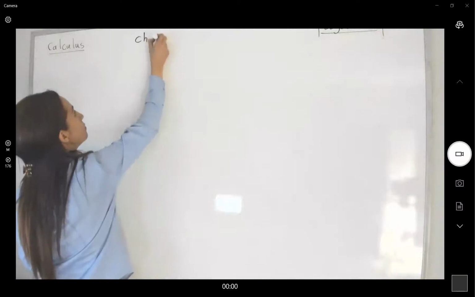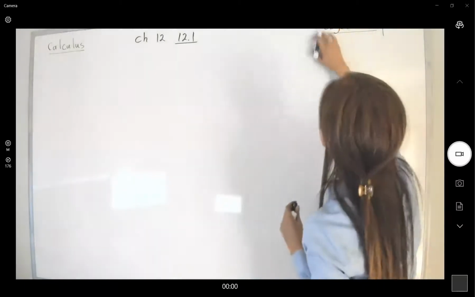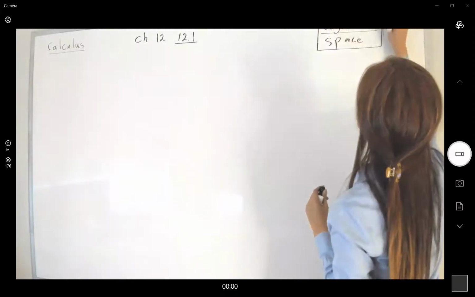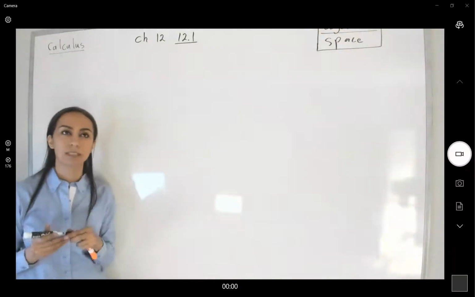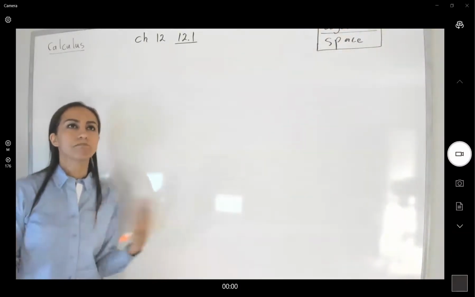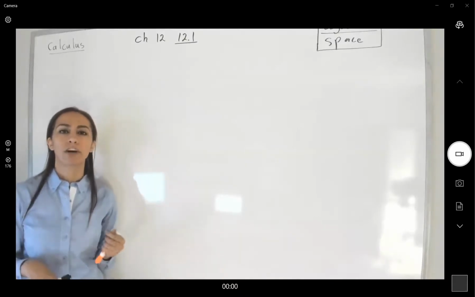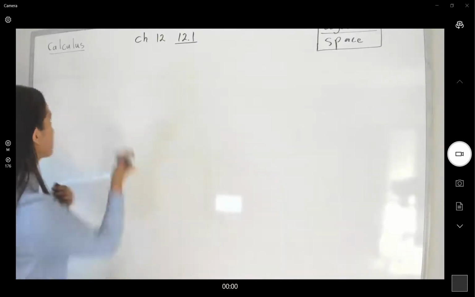So we are in chapter 12, 12.1. We're going to talk about the space. So let's review a little bit. In intermediate algebra, in pre-calculus, we start defining Cartesian plane or rectangular plane.